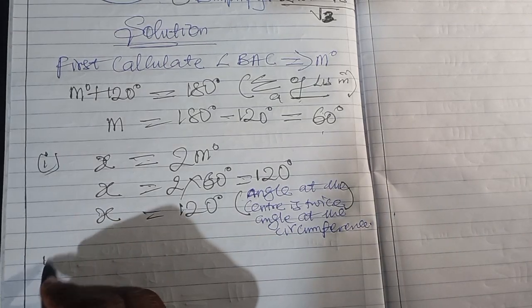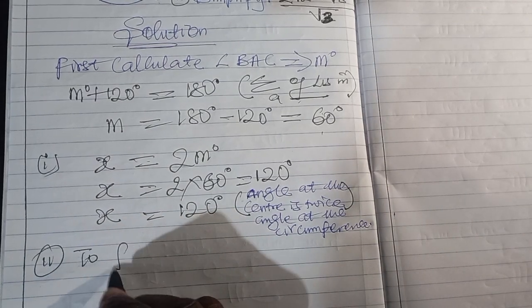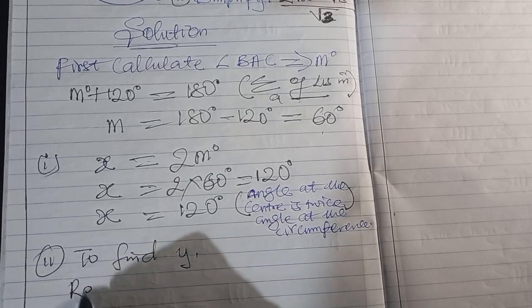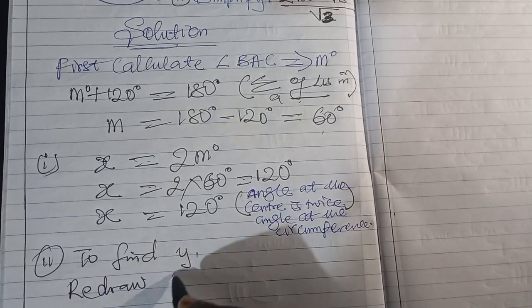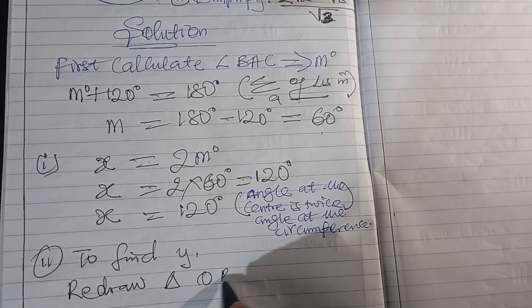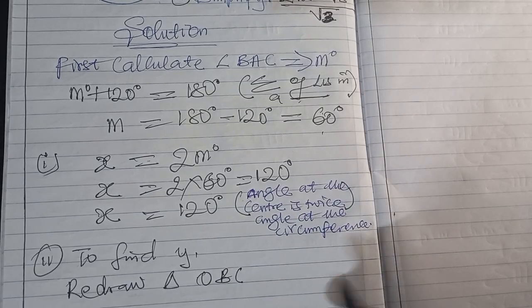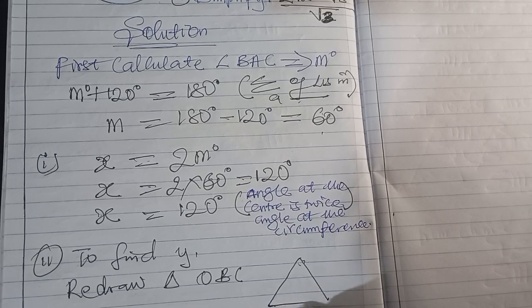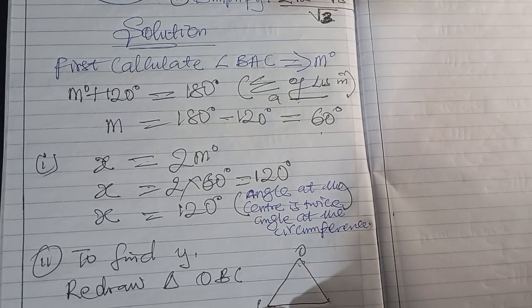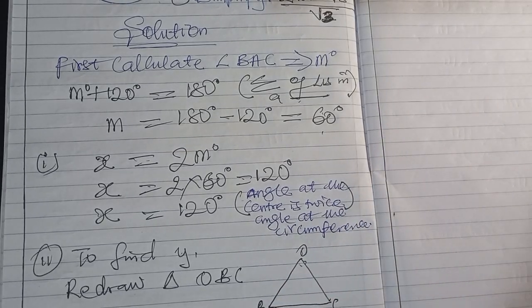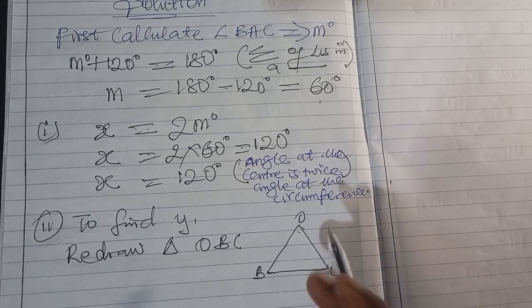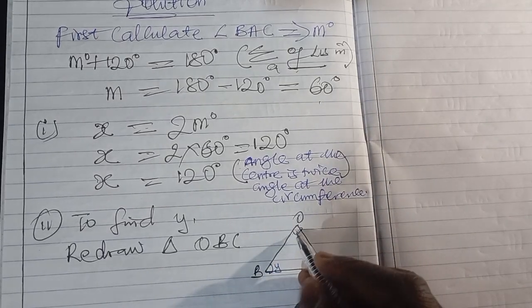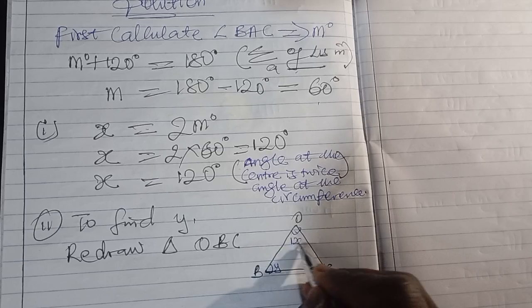Now to find y, I draw triangle OBC. Our triangle OBC will have something like this. This is O, B, and C. From here, this is y, and this is x. X already is 120 degrees.